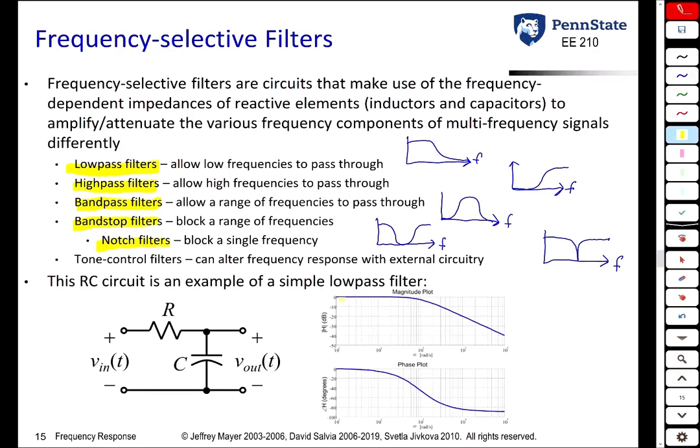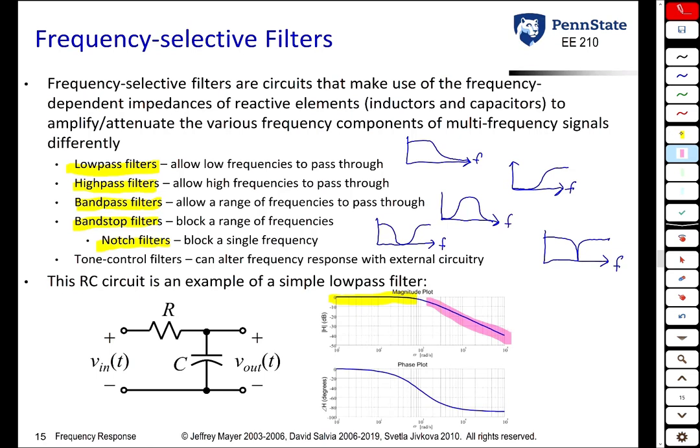And as we saw, the RC circuit that we started with is an example of a low-pass filter. It lets low frequencies pass, and it blocks high frequencies. And if you think about this from the perspective of the capacitor being a frequency-dependent impedance, this makes a lot of sense. For low frequencies, the capacitor looks like an open circuit.